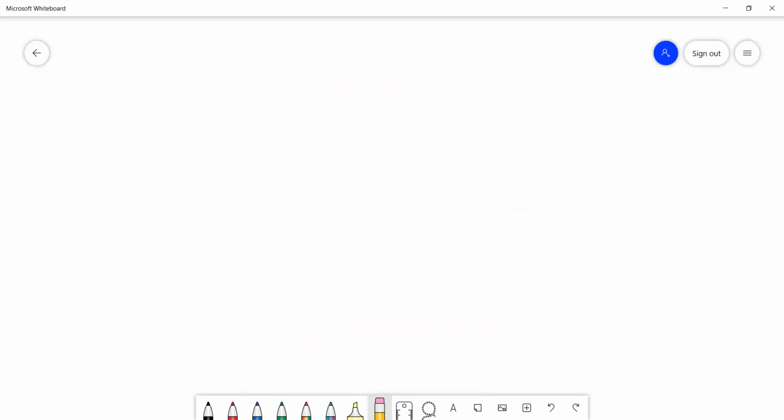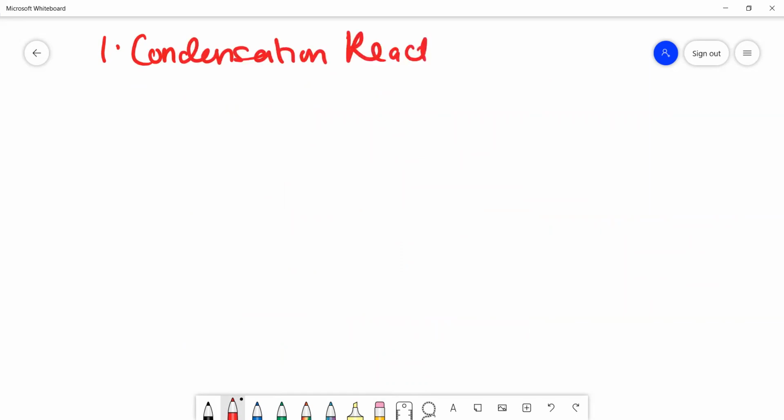We made mention of the fact that the very first reaction is a condensation reaction. So you understand that in a condensation reaction, a small molecule is lost. We have acetyl ACP plus malonyl ACP.